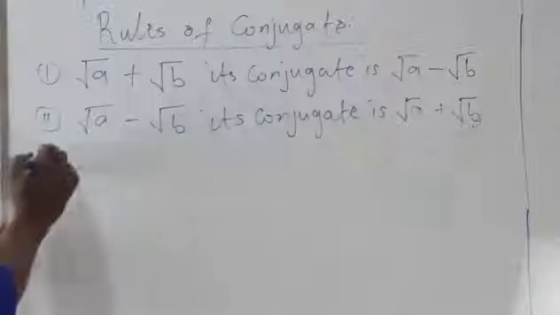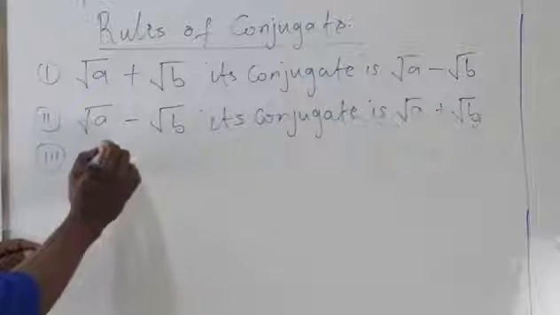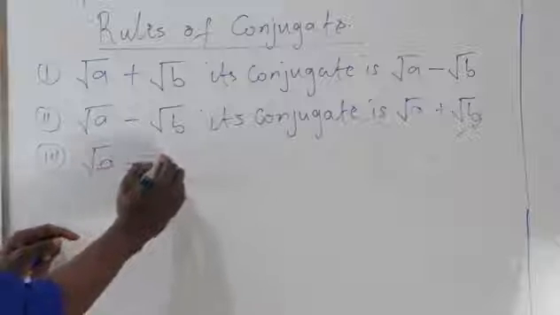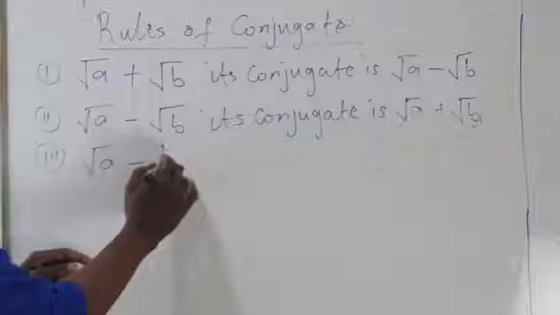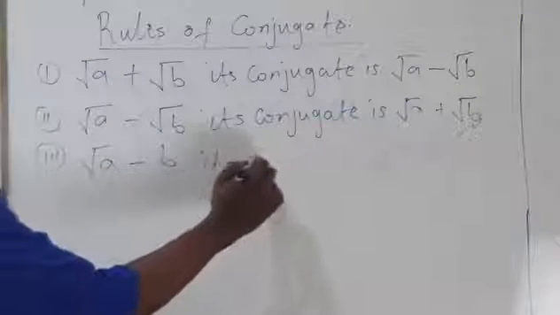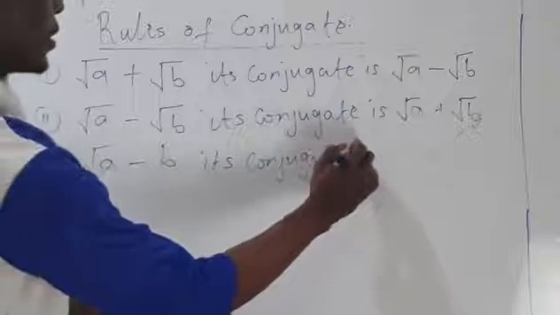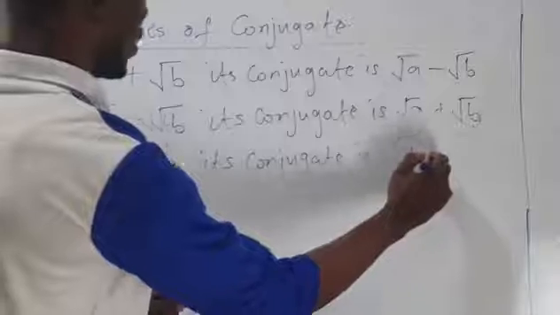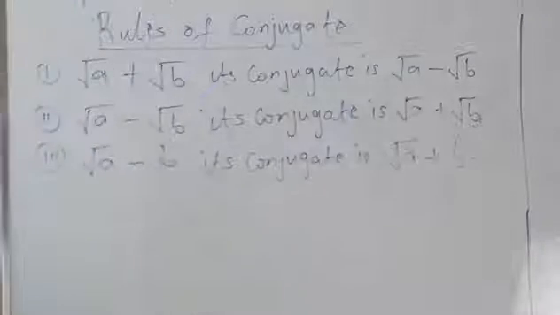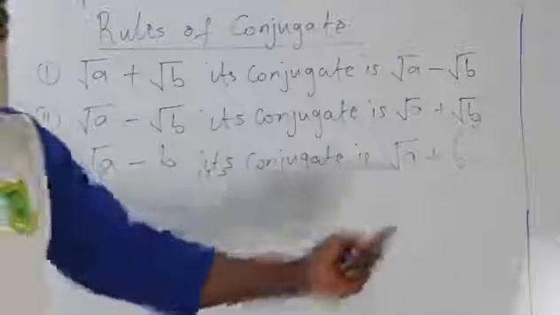The next one is root A minus B. Its conjugate is root A plus B. So the minus sign also changes to plus.